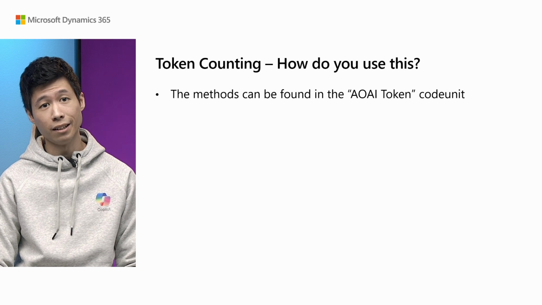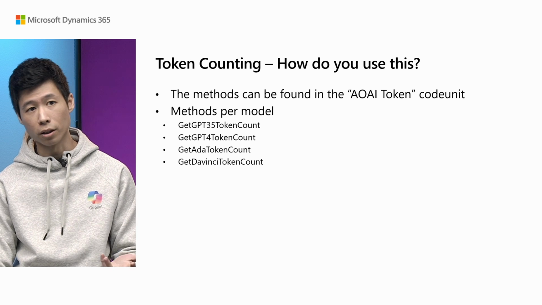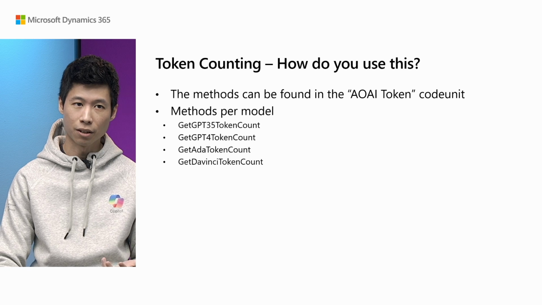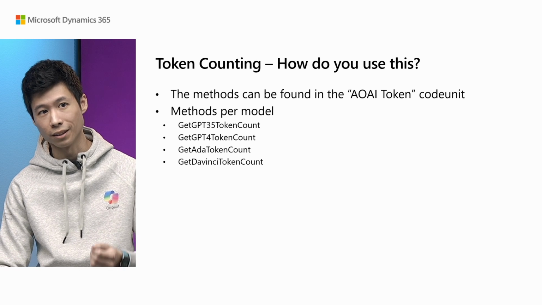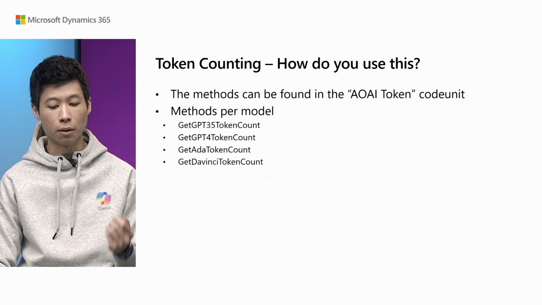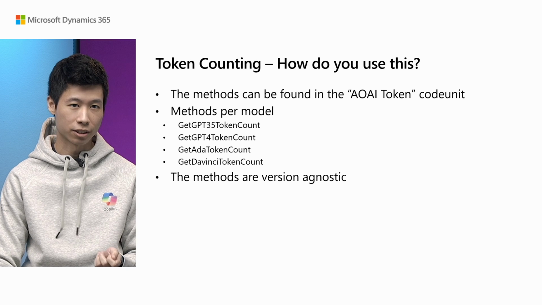Now, how do you use this? The methods can be found in the AOAI token code unit. And we have methods per model. For example, get GPT-3.5 token count, get GPT-4 token count, get ADA token count, and DaVinci token count. One thing I wanted to highlight is that these methods are version agnostic.